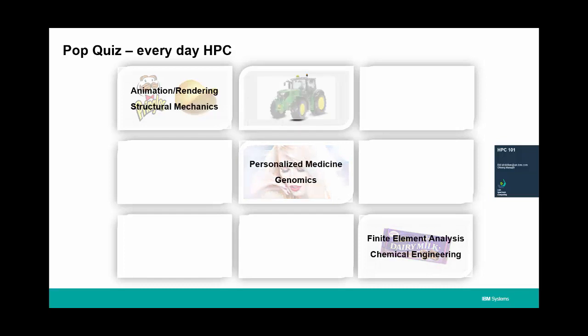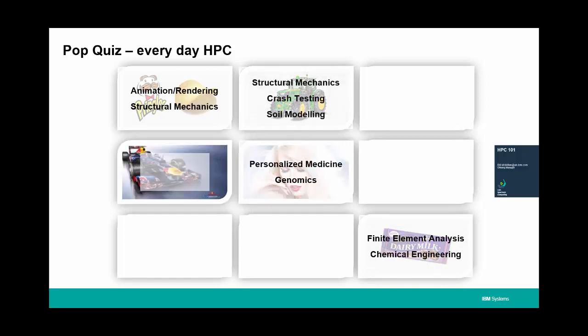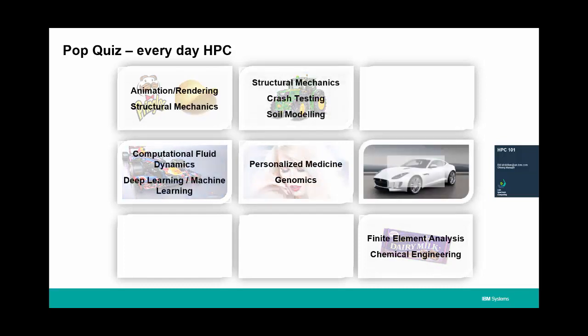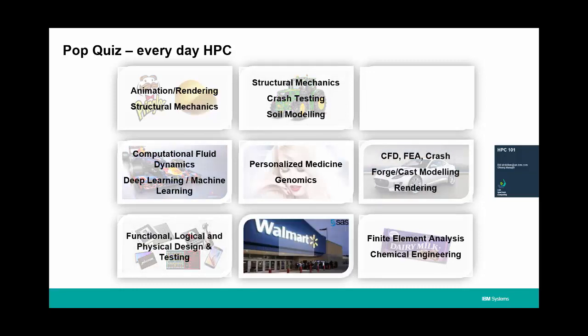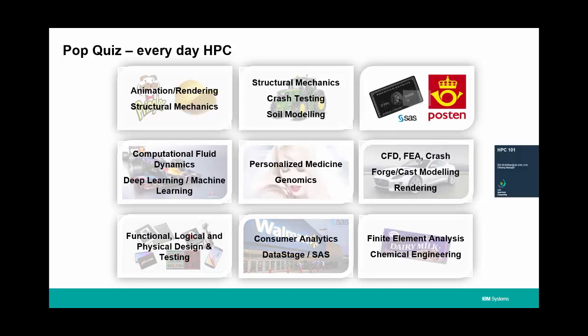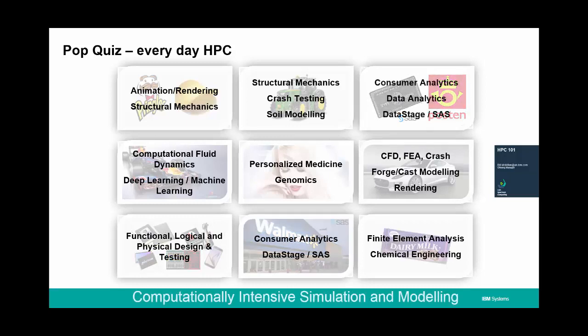Well, we actually mean things like animation, rendering, structural mechanics, crash testing, genomics, personalized medicine, chemical engineering, all these many different things. They're all computationally intensive and they require a lot of compute power in order to compute their results. So this is what we mean by HPC workloads.